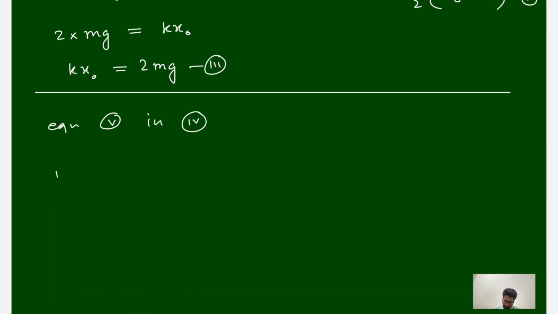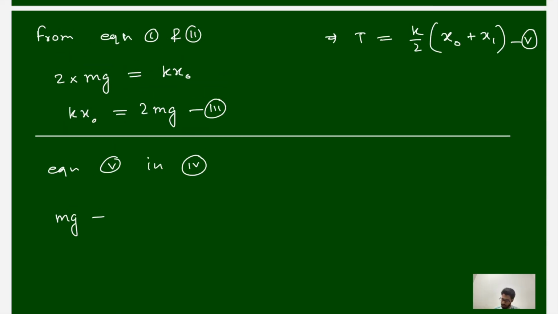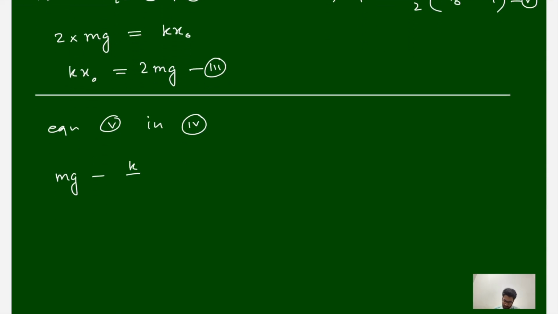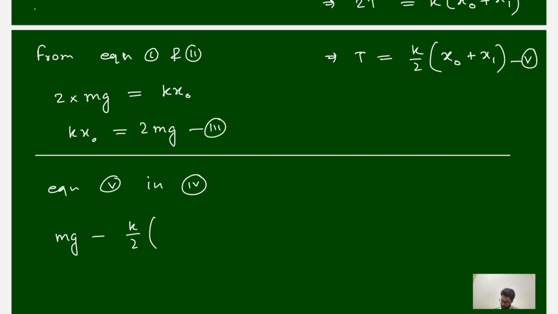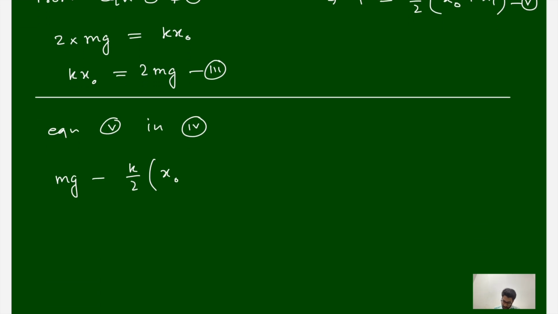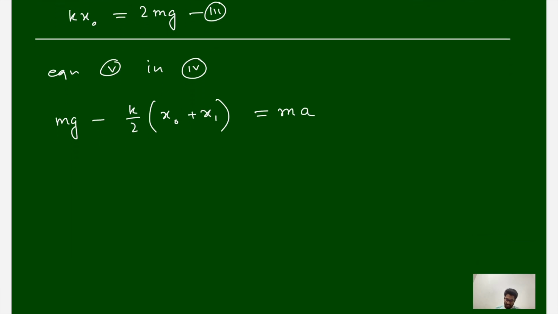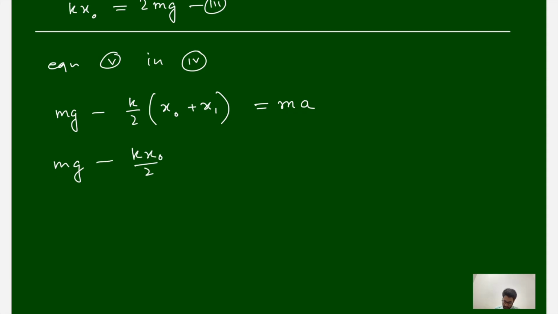So mg minus T is k by 2 into x naught plus x1, that is equal to mass into acceleration. Now we can open this bracket first: mg minus k x naught by 2 minus k x1 by 2 is equal to m into a.